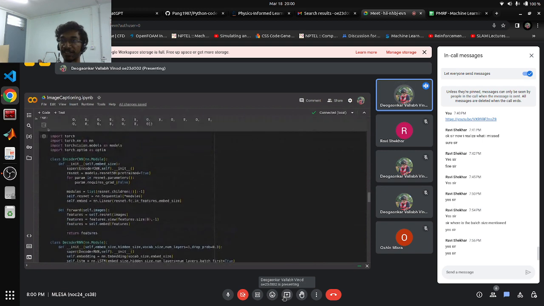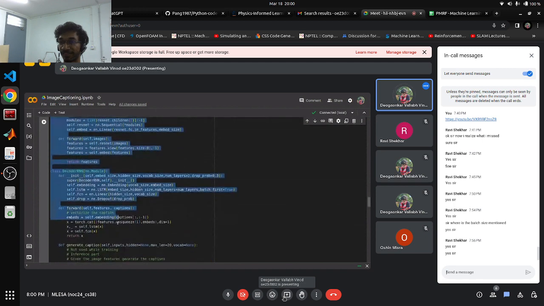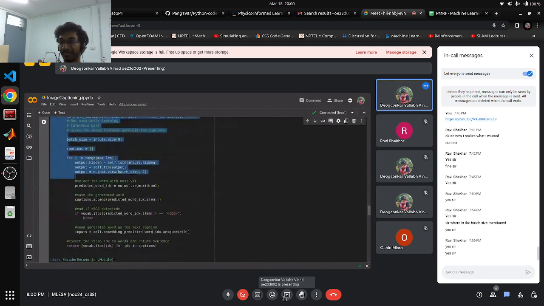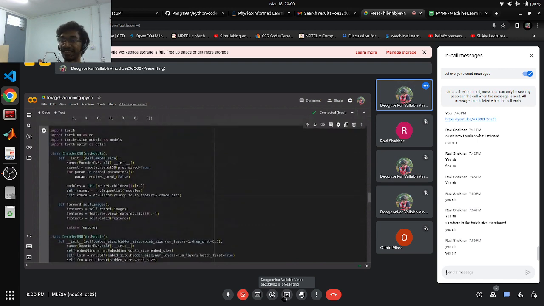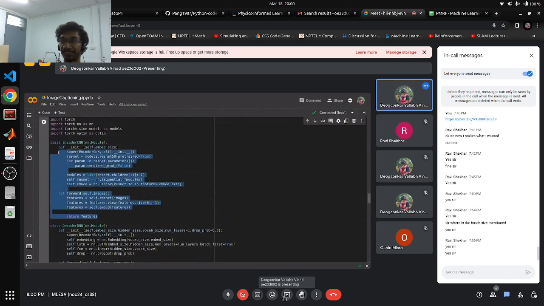Yeah, here is where we are actually defining our model. Okay. This is going to be a bit difficult to explain, but in this model, what you are essentially trying to do is you have been given an image, but the output you want is a sequence of words, right?